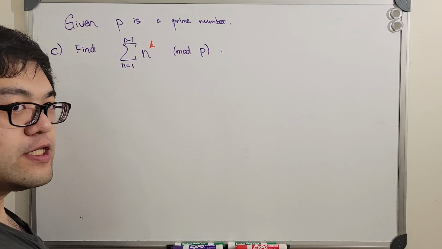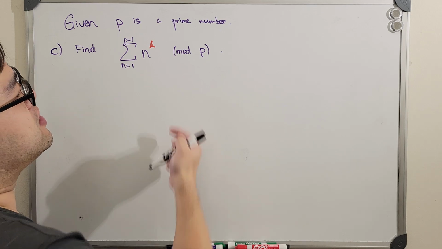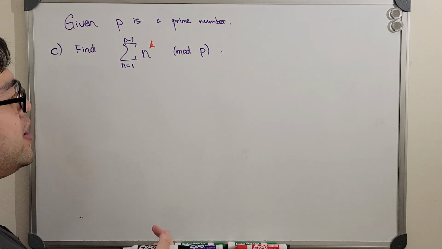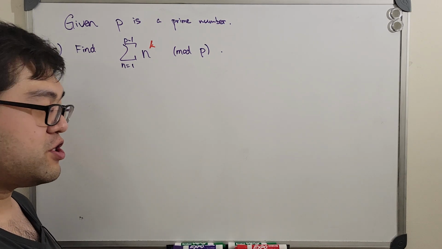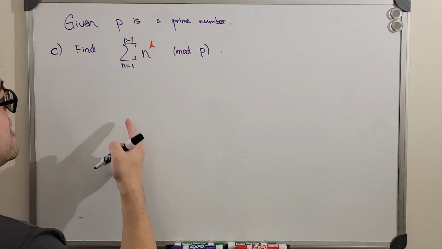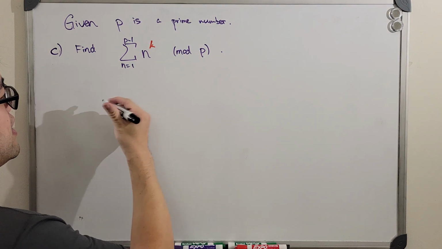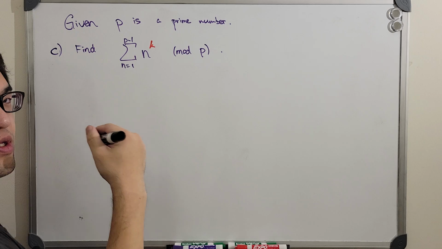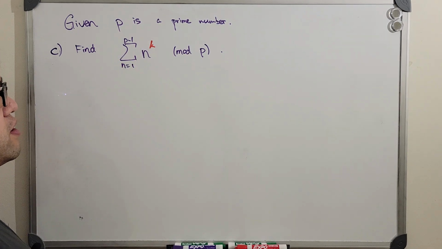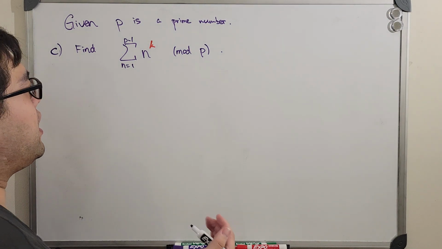But for the rest, this sum here is congruent to 0 mod p for large enough p. So our assumption here is that this is going to be congruent to 0 mod p for any large positive integer k here.